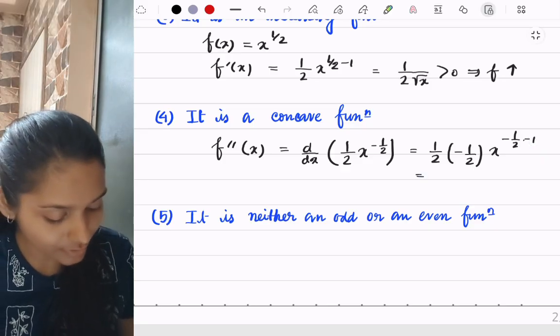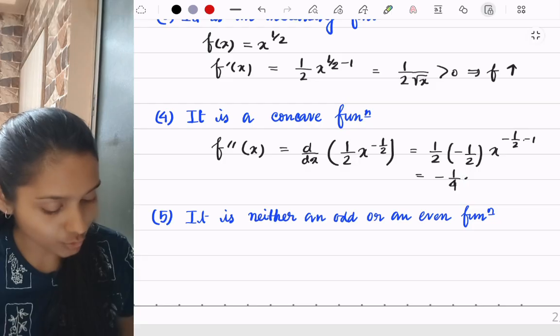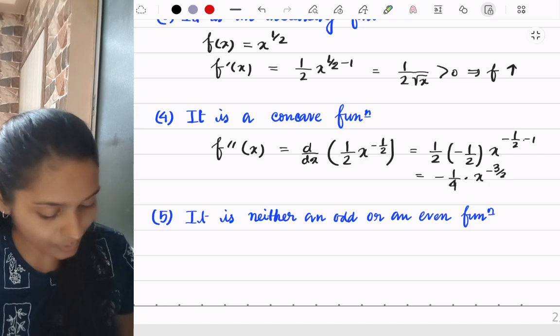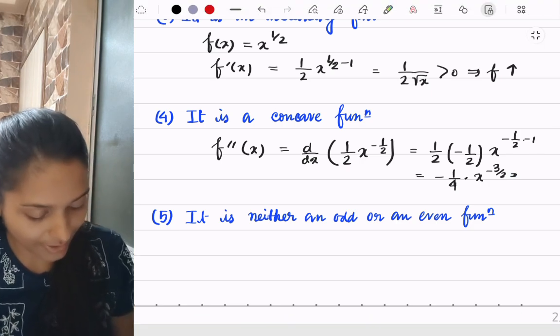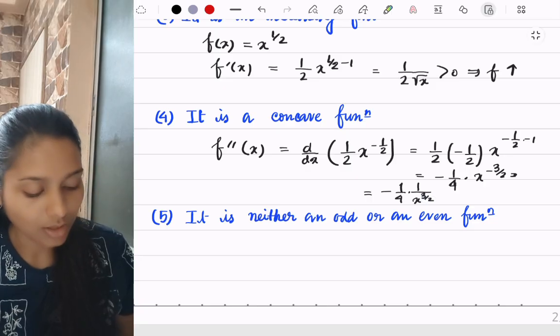So it will give minus 1 by 4 into x power minus 3 by 2. Let me write it here: minus 1 by 4, 1 by x power 3 by 2.